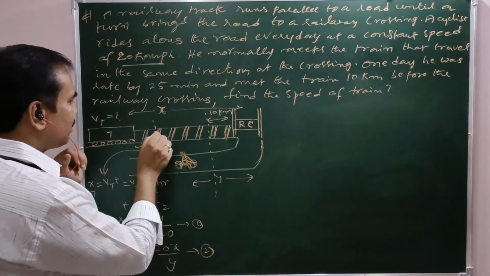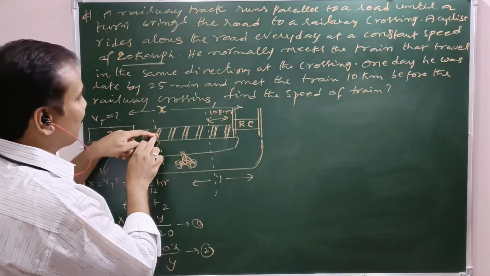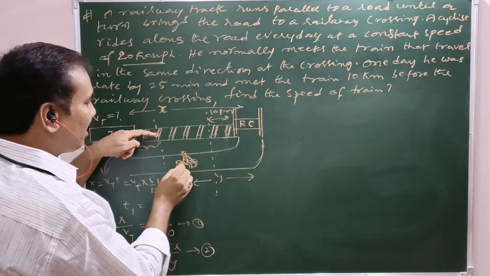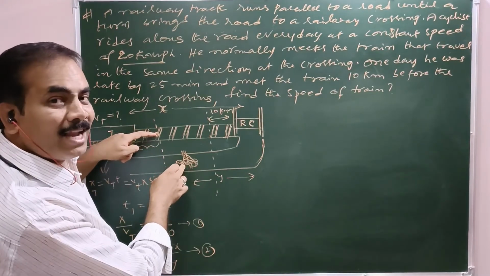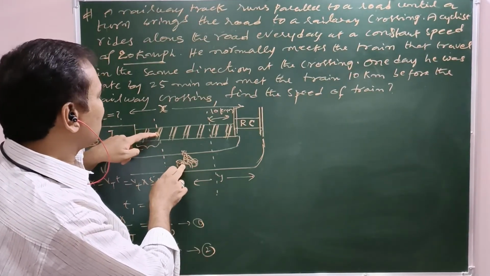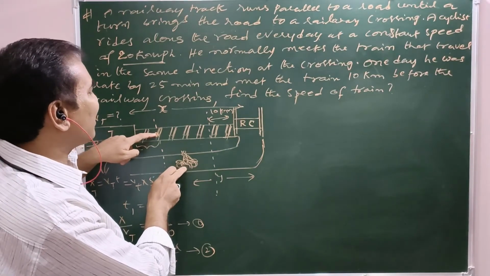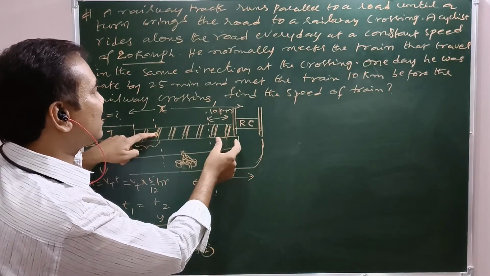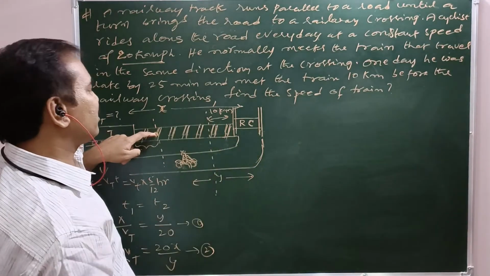This is the initial position of the train, and this is the initial position of the cyclist on that day when he was late by 25 minutes. Right? On that day, he met the train somewhere here, at a distance 10 kilometer before the railway crossing.